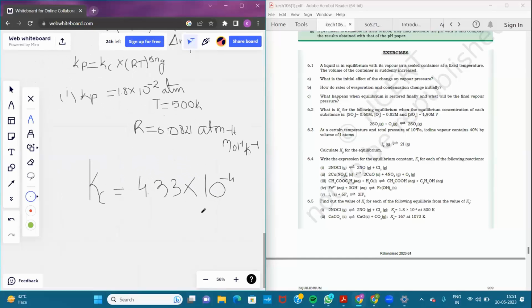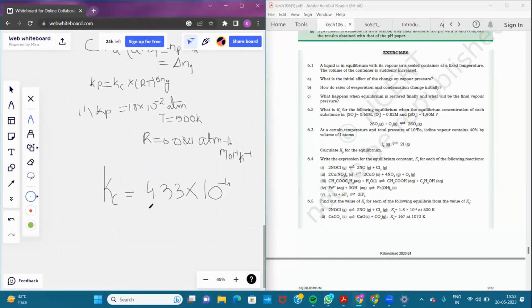For the second part, similarly, we need to substitute delta ng. I forgot to mention the delta ng value in the first part. Going to the first part, here delta ng value is 2 plus 1 minus 2, that is 1. Whereas in the second part, delta ng is also 1, as only CO2 is the gaseous product in the whole reaction. So we'll write delta ng equals 1.